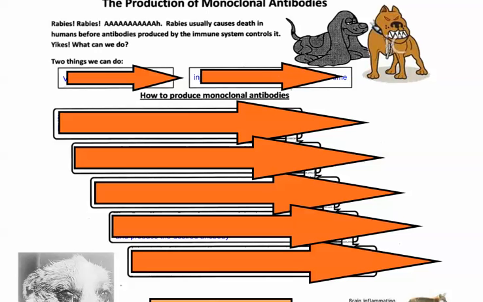Rabies is caused by a virus when you get attacked by an animal that could be carrying these viral particles in their actual saliva. What happens is people actually can die really, really fast before the body even produces enough antibodies to help try to get it under control. So what usually happens when people get bitten by an animal that's suspected to be rabid is we can instantly vaccinate against rabies.